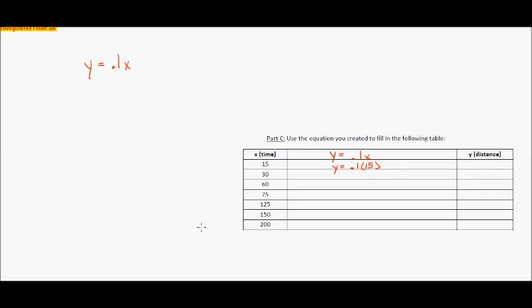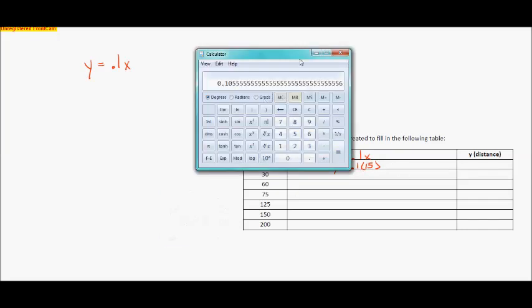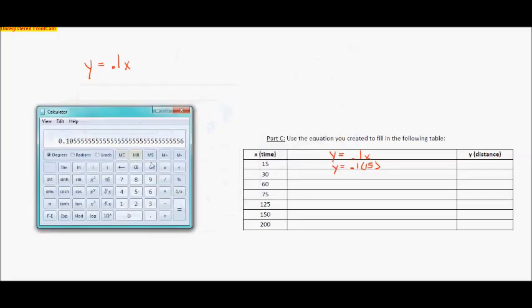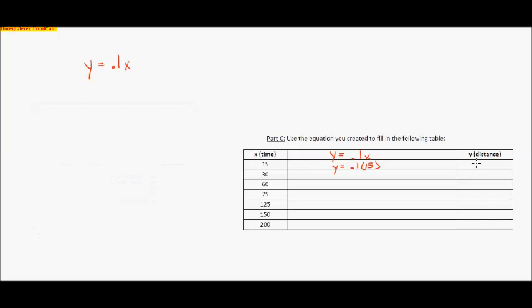0.1 times 15. Oh, we better get our calculator out here. I'll move that over there. And I go 0.1 times 15. Oh, and I get 1.5. So over here, there you go, 1.5. Okay, I can even put it right in here too. 1.5.